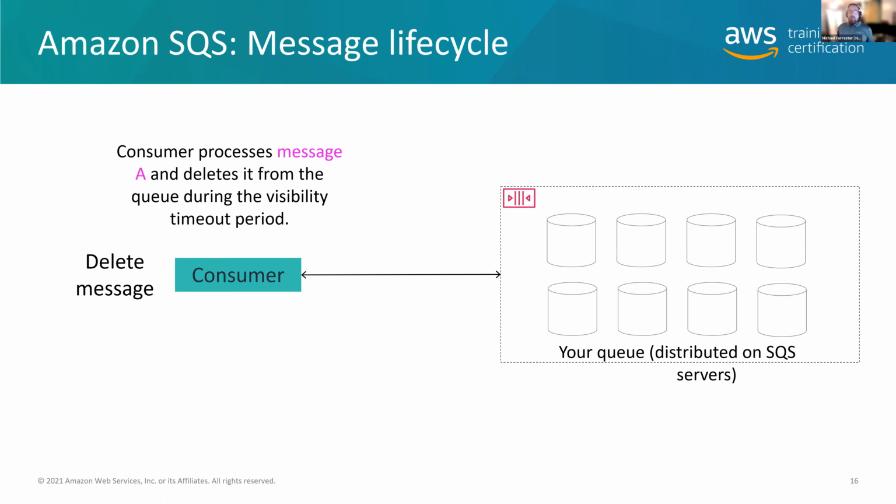Think of the receipt handle as: because you've read this message, here's a handle that gives you permission to delete it. So when you call client.delete_message, you have to specify the queue URL and the receipt handle, because that allows you to delete that specific message, okay?